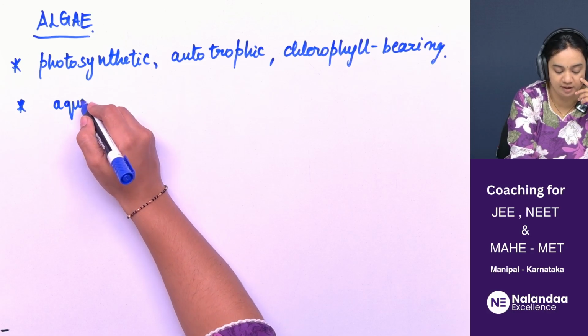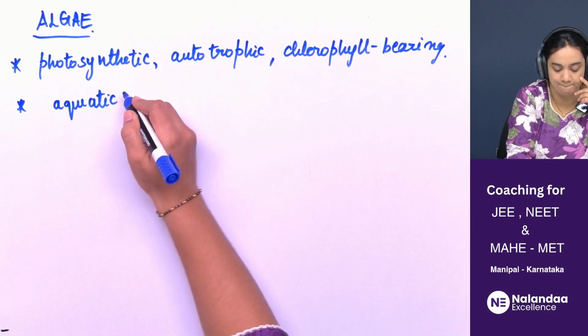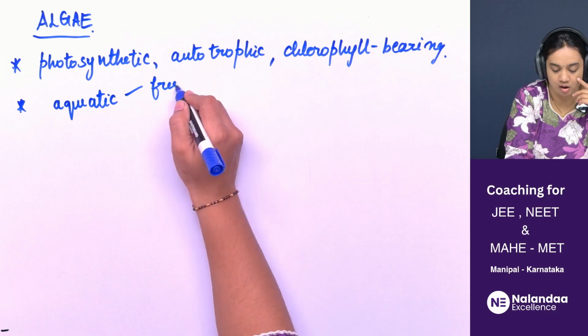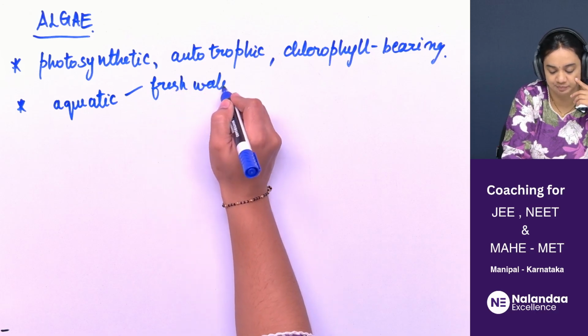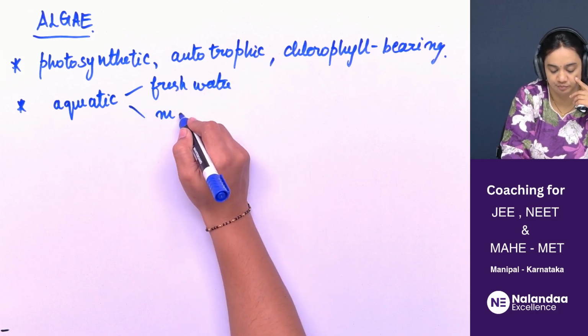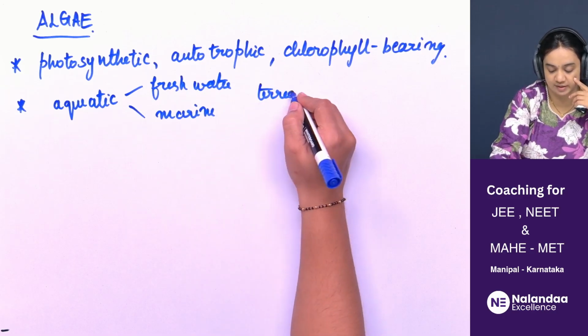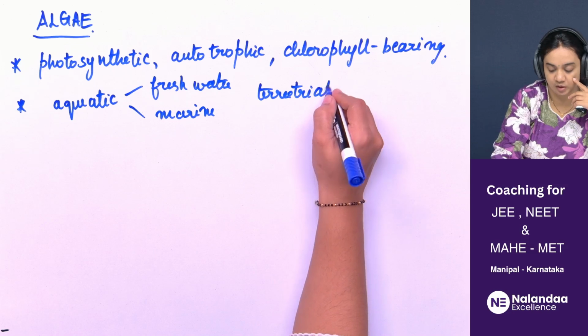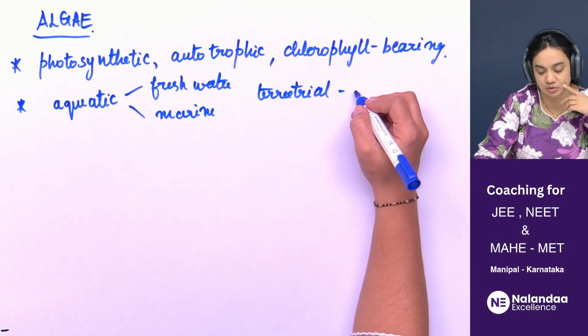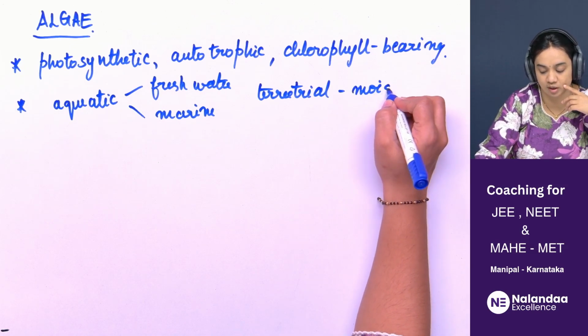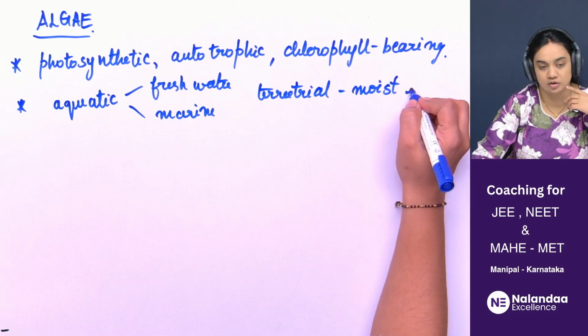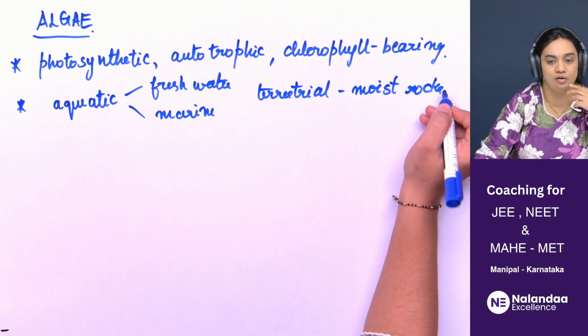So they can be aquatic, freshwater or marine, or they can be terrestrial as well. When we say terrestrial, it's mostly associated with water. Moist rocks, stone, all of that.